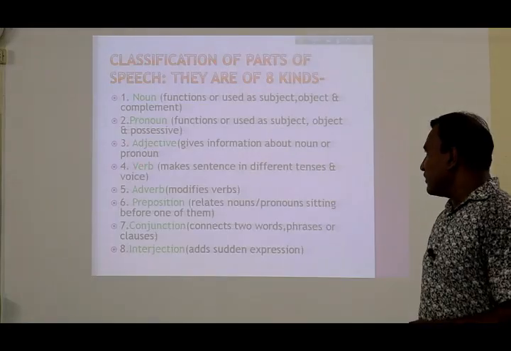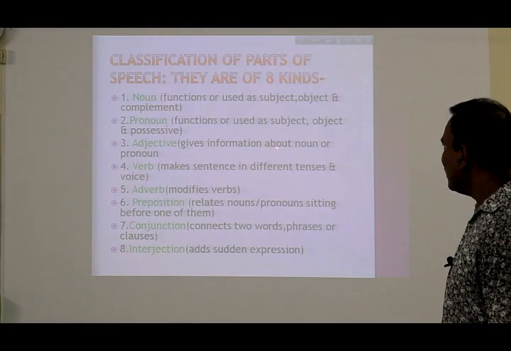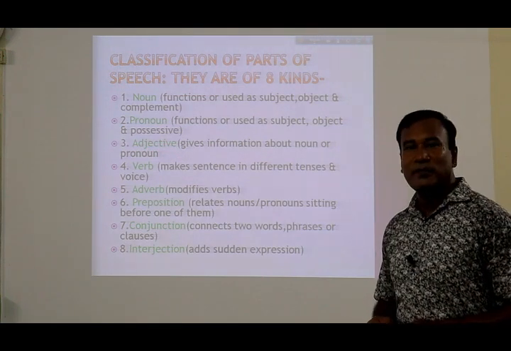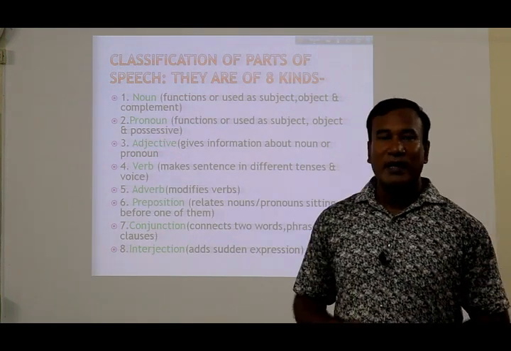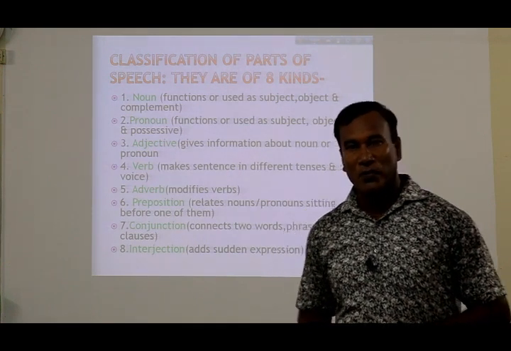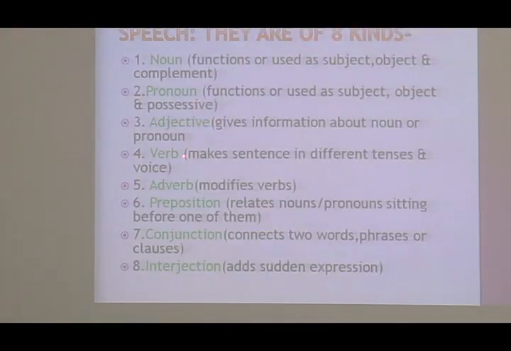Look at adjective. Adjective gives information about noun or pronoun. Adjective modifies noun or pronoun. It gives information about noun or pronoun. Verb makes sentences in different tenses and voice. Adverb modifies verbs.